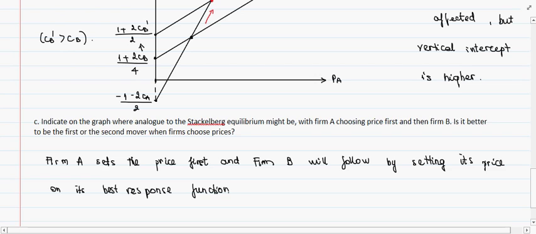So what we use over here is going to be the best response function for firm B. Firm A is going to pick the price first, and firm B is going to follow by setting a price following its best response function.